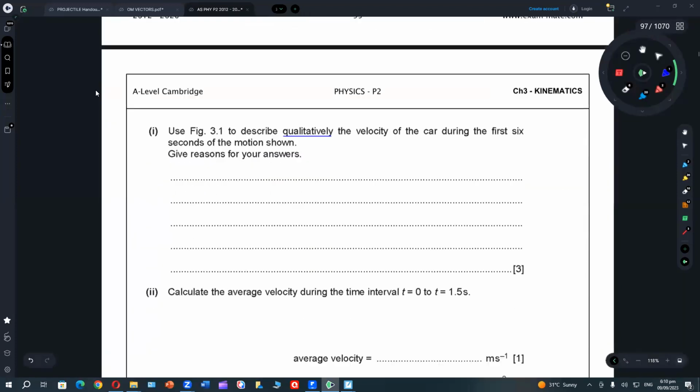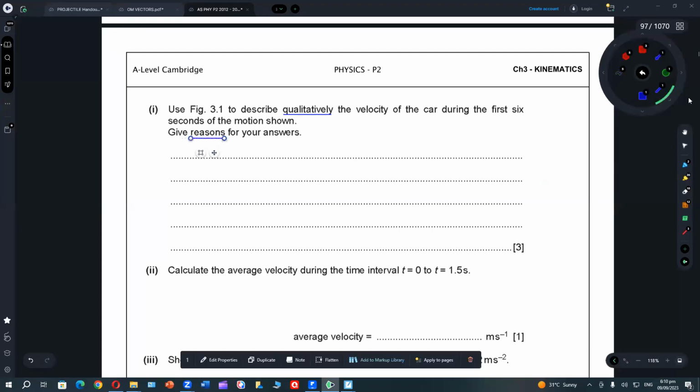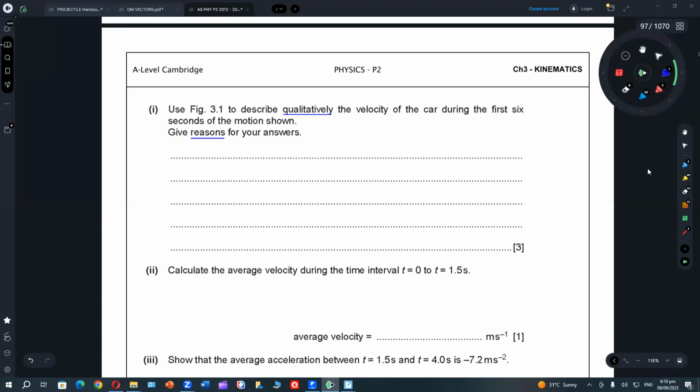I mark the graph, and now I come here and I look at the question. This is a 3-mark question. The figure is used to describe qualitatively the velocity of the car during the first 6 seconds. He says, give reasons for your answer. I have already developed the sense of the graph. And now I have to convince the examiner by referring to gradient.